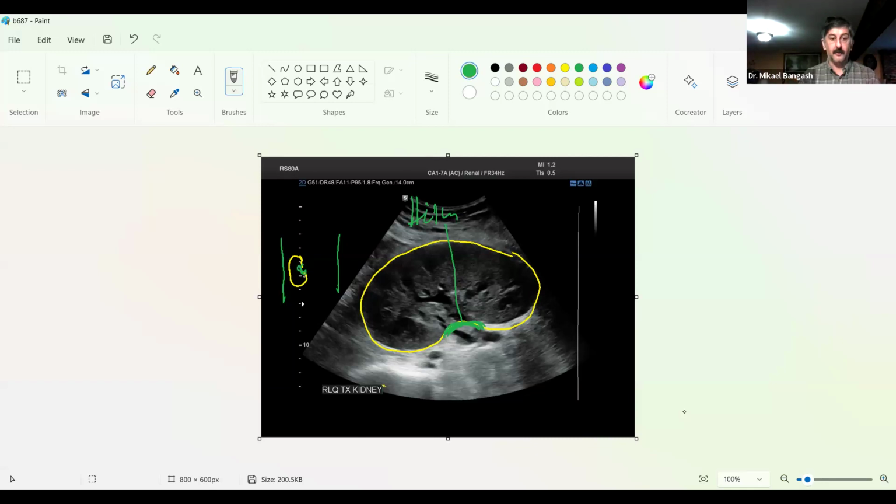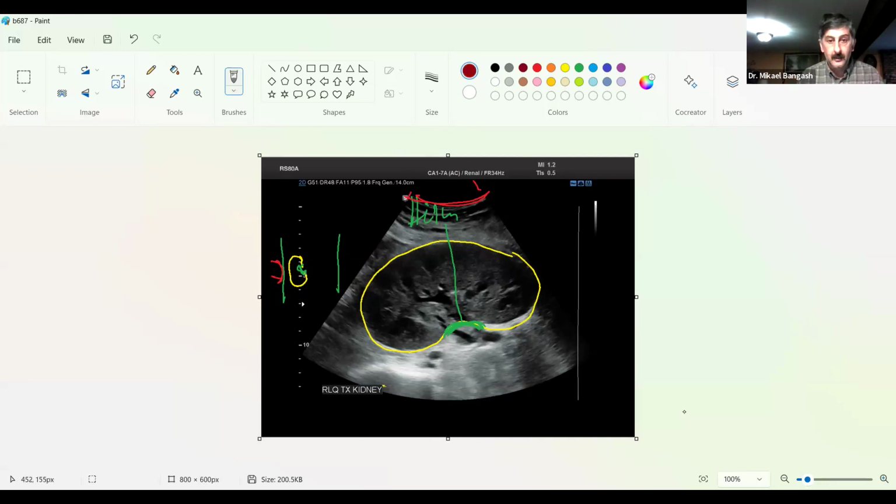And this part here will be the hilus. And what you see up here is mainly the footprint of your transducer, meaning the transducer in this case is being held here.